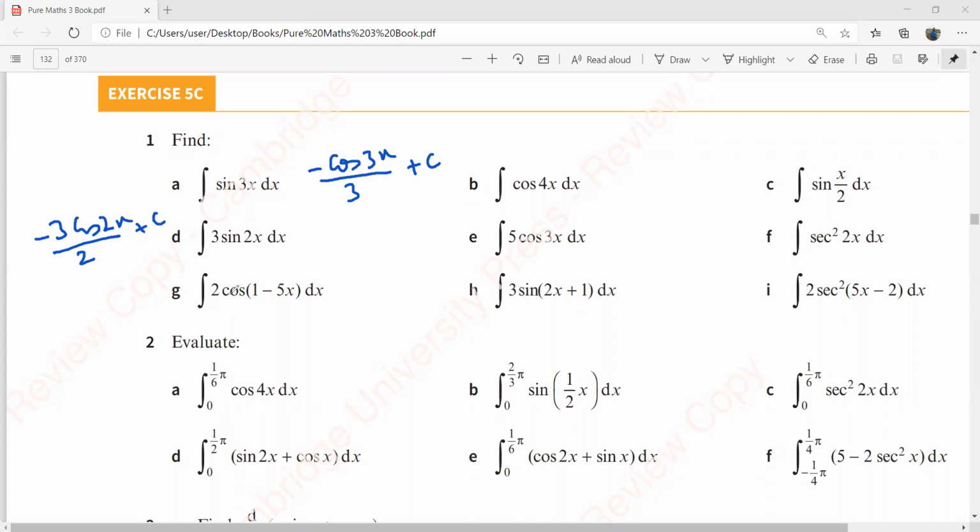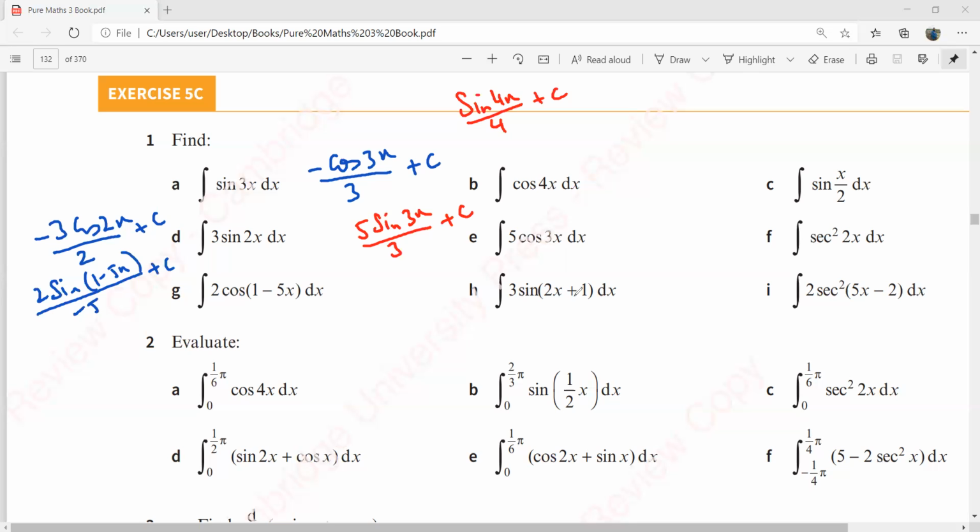The integral of 2 cos of 1 minus 5x is going to be 2 sine of 1 minus 5x whole over minus 5 plus c. Okay? Integral of cos 4x is going to be sine 4x whole over 4 plus c. Integral of 5 cos 3x is 5 sine 3x over 3 plus c.